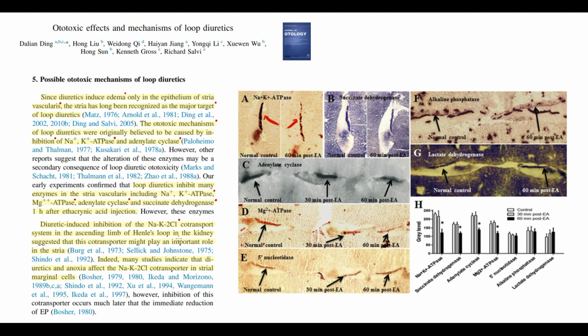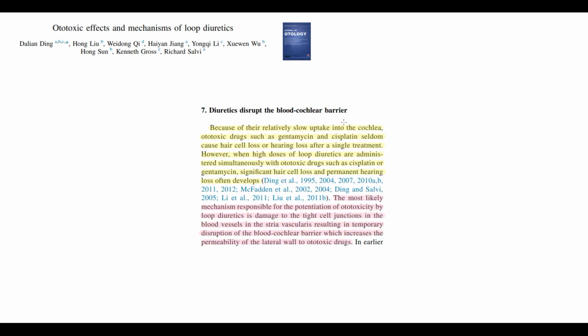But this transporter also plays a crucial role in the stria vascularis. And if sodium-potassium chloride cotransporter will not function properly, it will affect the state of stria, and thereby it will affect hearing. But loop diuretics also have indirect ototoxic effect.